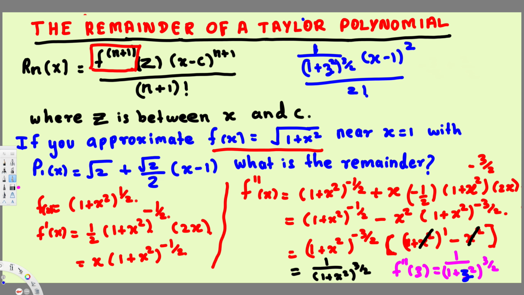Now we can bring this one down. 2 factorial is basically 2 times 1, that's going to be just 2. Now we can write this one in simplest form. So this is equal to 1 over 2 times 1 plus z square power 3 by 2 times x minus 1 square, and that's going to be the final answer.